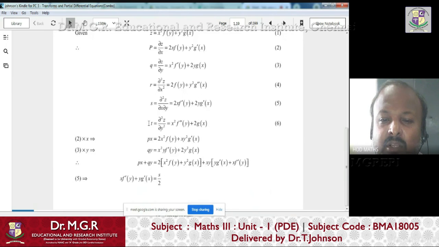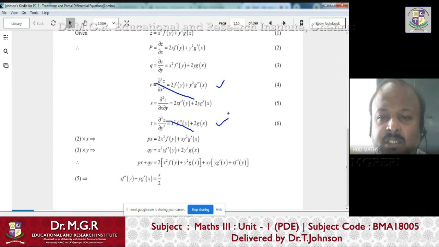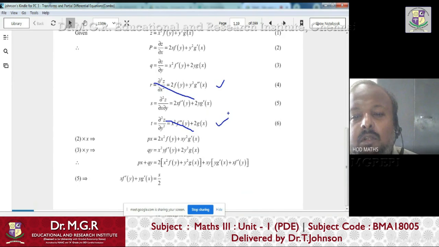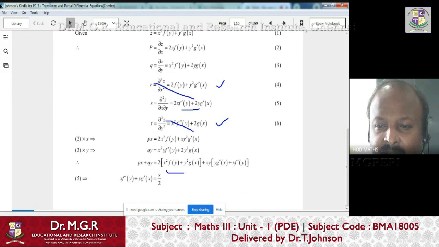Because you already have these relations, try to understand that these two relations, r and t, you have not used here at all. You may ask, then why did we find them? No problem, you have to find them, because in the beginning you don't know which will be useful to you. So r and t we are not using at all, but the notation s is used, because when we add these two equations after multiplying with x and y, we get nicely these two things, and this is equivalent to z, and this is equivalent to equation 5, that is nothing but s by 2.